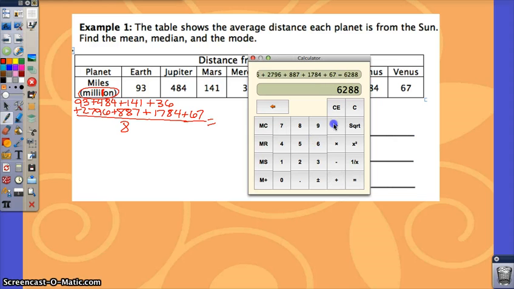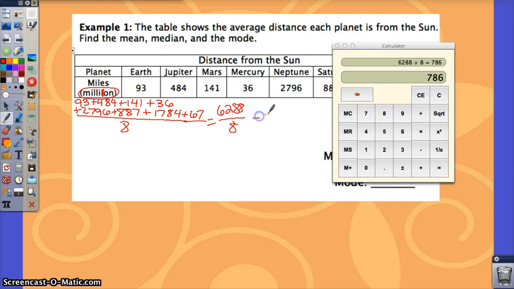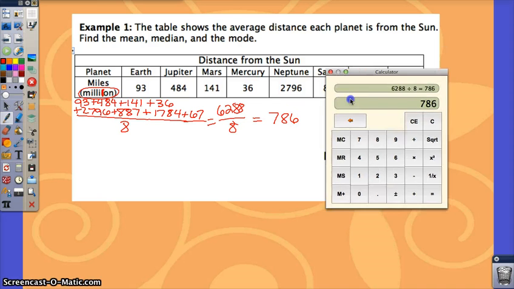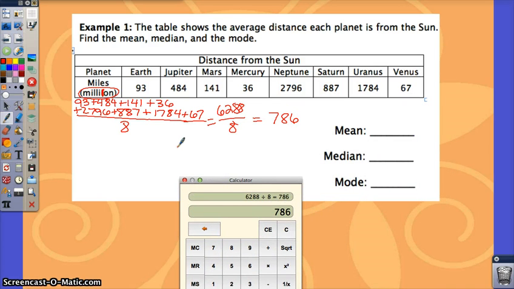And you do this too because you want to check me and make sure I'm getting it right. So it's 6288 divided by 8. I got this to be 786. Now that's 786 what? That's 786 million. So the mean is 786 million. You really should put that million on there because it's not just 786 miles.